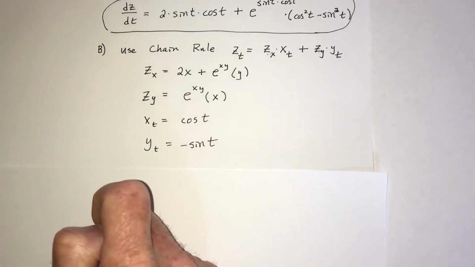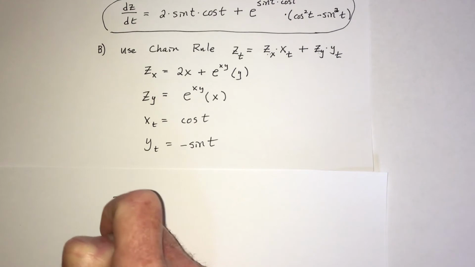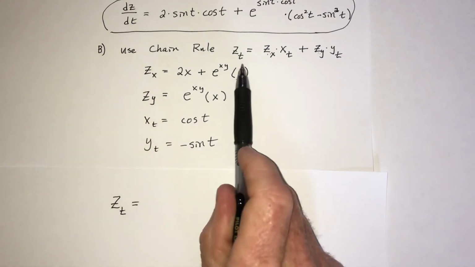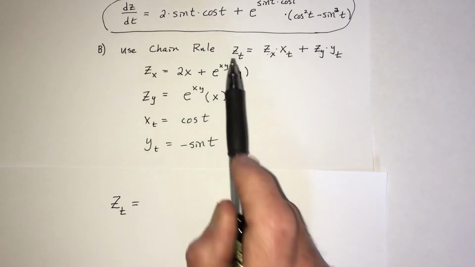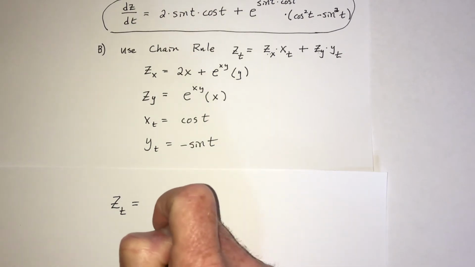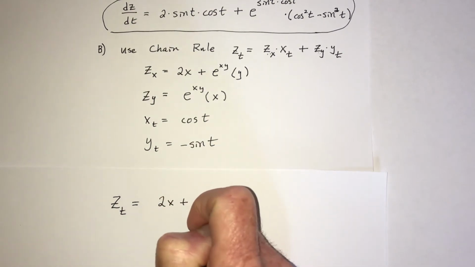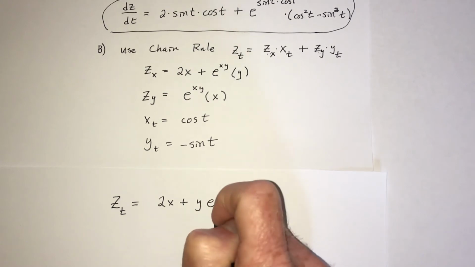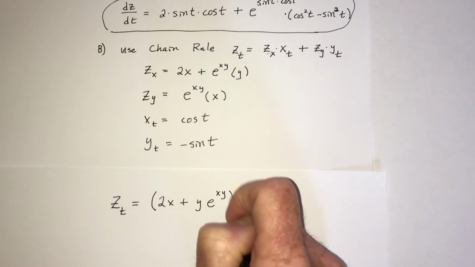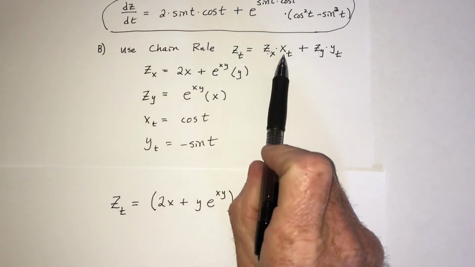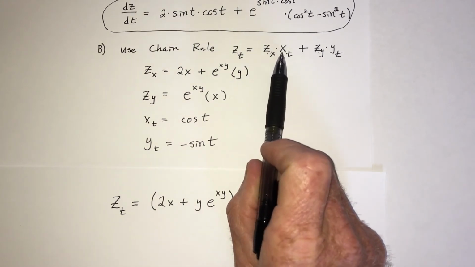So the derivative with respect to t of the z function, so you then take this one, so that will be 2x plus, and I'm just going to move the y in front. Now that needs to be multiplied with the derivative with respect to t for the x function.